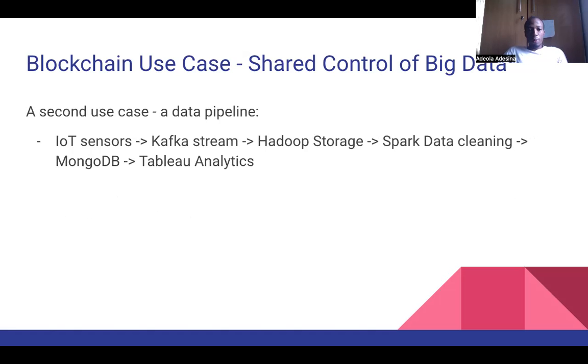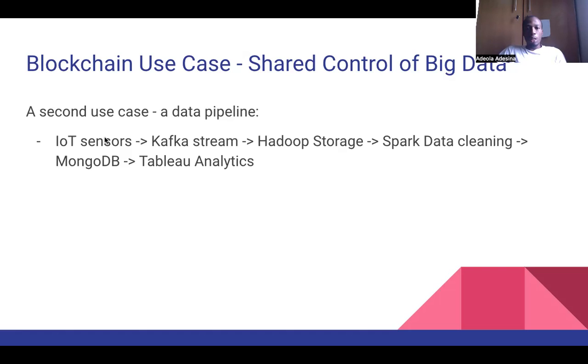That's one use case. The second use case is consider a data pipeline, for example. Let's say an IoT company that takes the temperature in Lagos and reports it to a dashboard, for example. So let's say I built a company and I want to monitor the temperature in Lagos State, right?